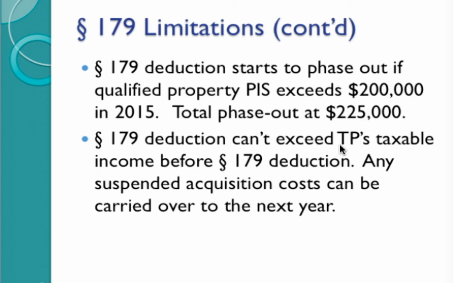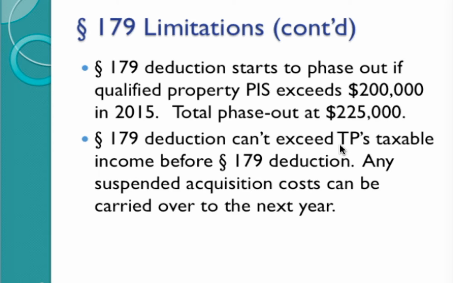Next, under the current year's amount of $25,000 max, you start to phase out the qualified property that's placed in service when it exceeds $200,000 in 2015, and it's a dollar for dollar phase out.